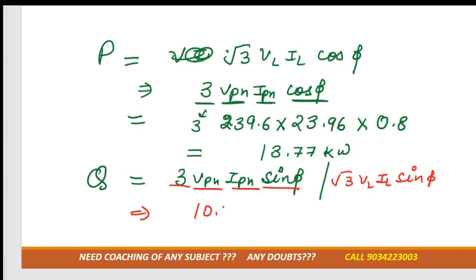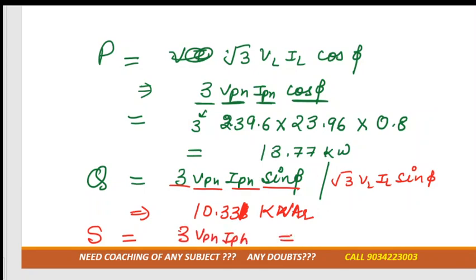After solving it, we'll get 10.331 kVAR, kilovolt ampere reactive. That is the unit of reactive power, right? Next, they want us to calculate apparent power, and apparent power is 3 VPH IPH. Simply we can solve it and we'll get 17.22 kVA.